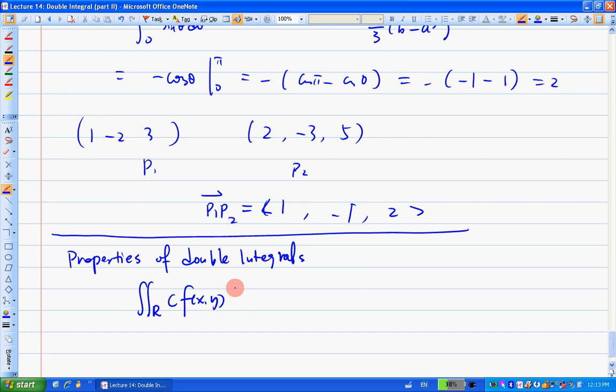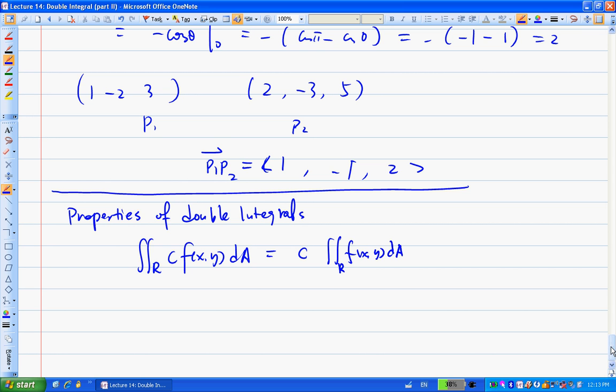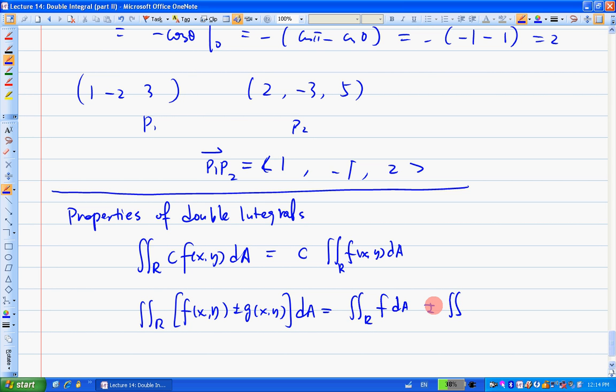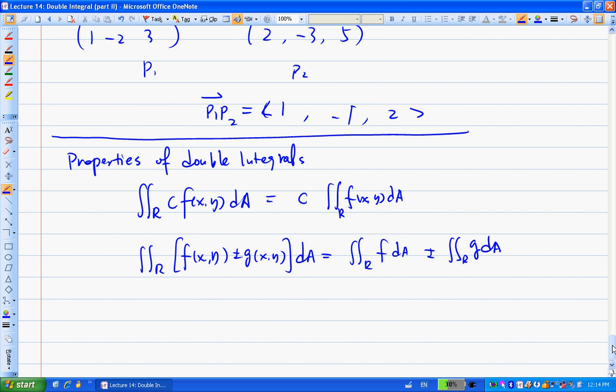If you have a constant multiplying it here, you can take the constant out. That's called the constant multiple. If you have double integrals of addition and subtraction of another one, you can carry them out separately. So that's two simple ones there.